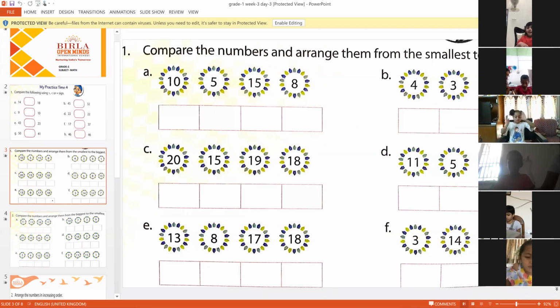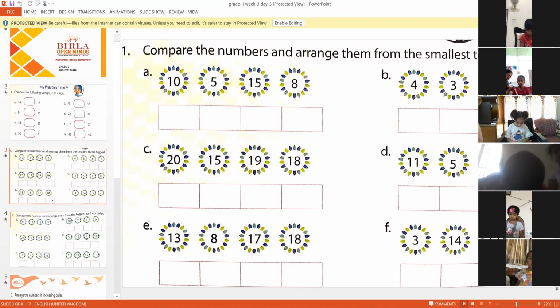I hope till now you all have written date and classwork. Now we will do question number 1 and first bit. First bit I will tell you, later on I will ask you.